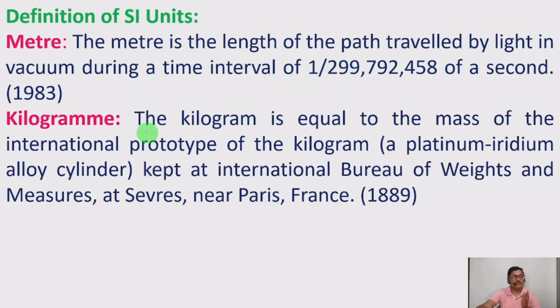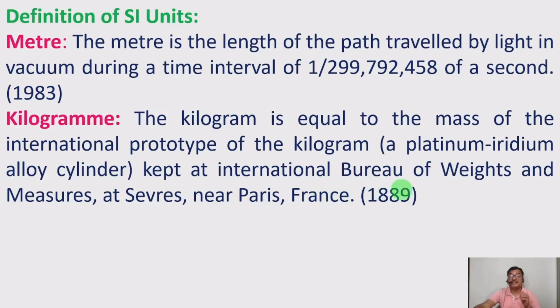And next one is the kilogram, the unit of mass. A kilogram is equal to the mass of the international prototype of the kilogram. One prototype is used as a standard there, a platinum iridium alloy cylinder. That is the prototype, and that is the standard reference for this unit.